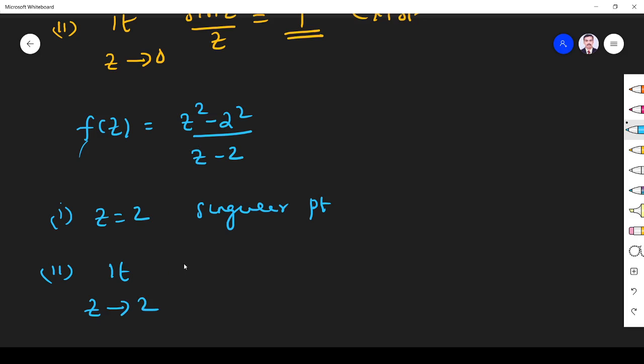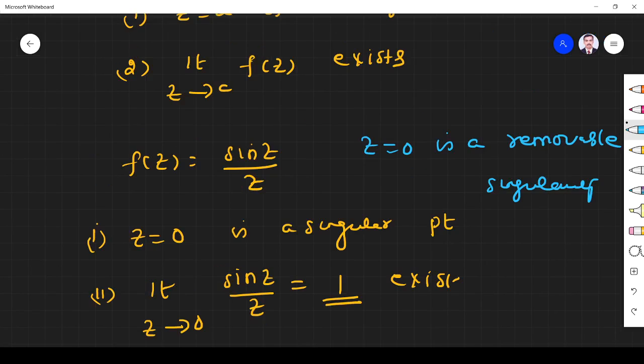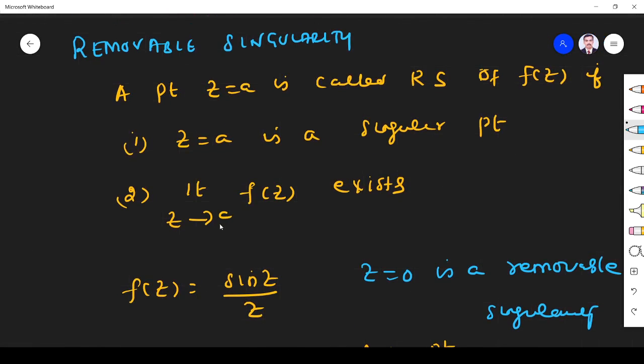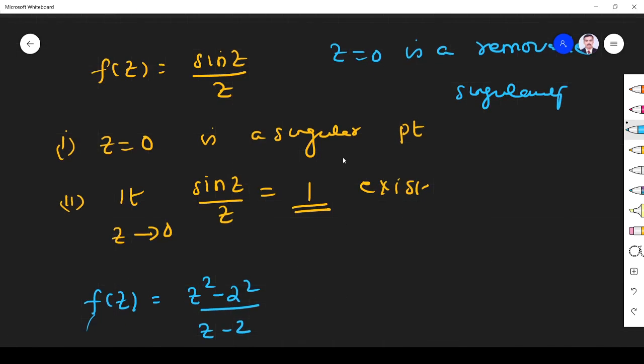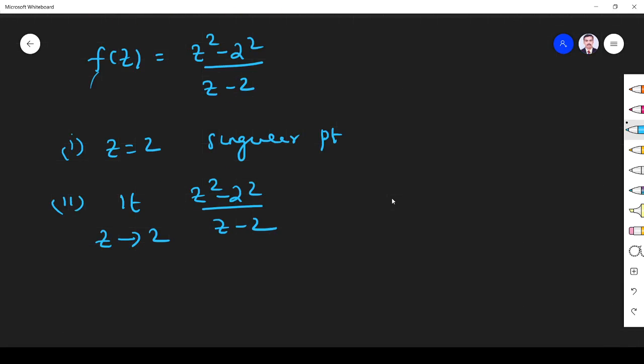f of z is nothing but this one. So I write this as z squared minus 2 squared divided by z minus 2. This is the second condition, right? Limit z tends to a, which is 2 for us, f of z is z squared minus 2 squared by z minus 2. z squared minus 2 squared divided by z minus 2 is z plus 2, because z minus 2 into z plus 2, the z minus 2 cancels, it will become z plus 2, that is equal to 4. z is equal to 2 means it will become 4, so the limit exists.